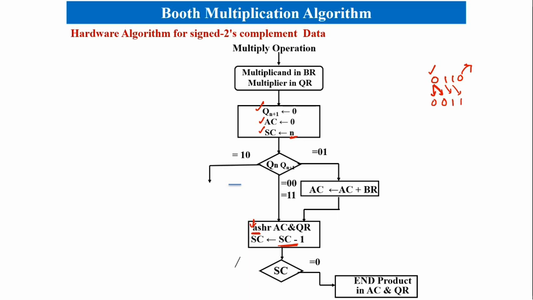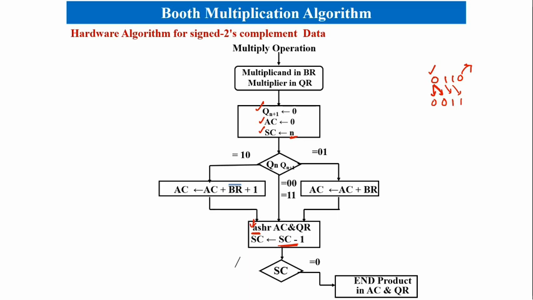In repeating the process, you have to check Qn plus 1 and Qn. Like here, 1, 0. 1, 0 means it has to perform a subtraction. How is subtraction to be performed? AC plus 2's complement of BR. AC plus 1's complement of BR plus 1 will give you AC plus 2's complement of BR.